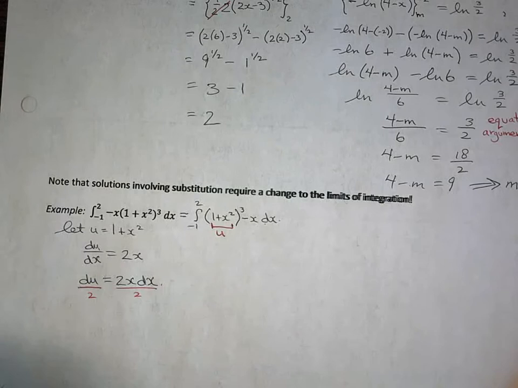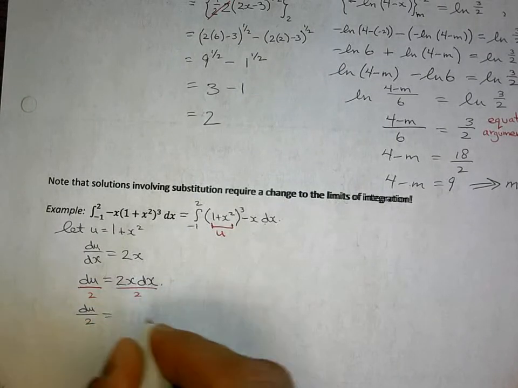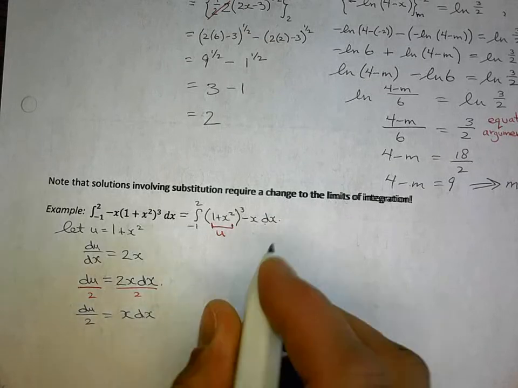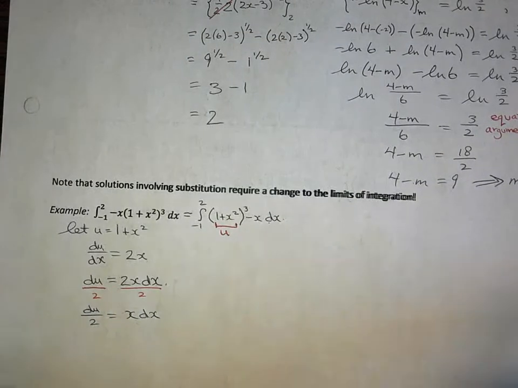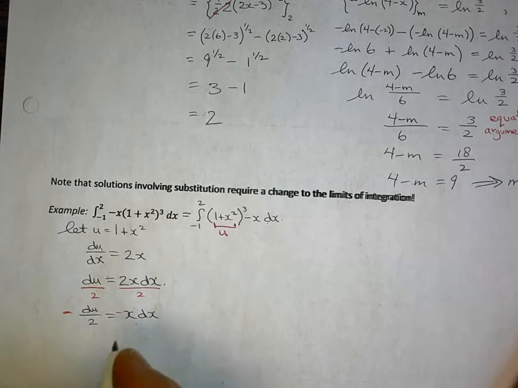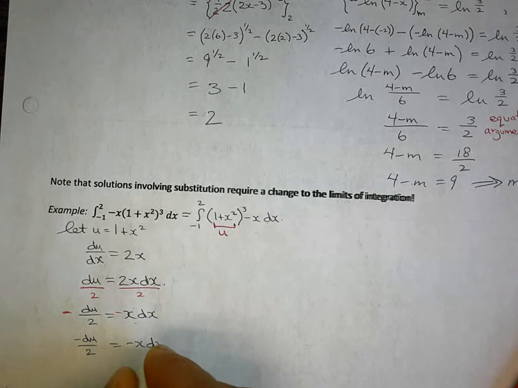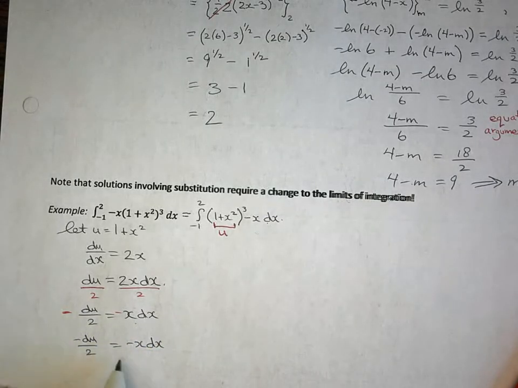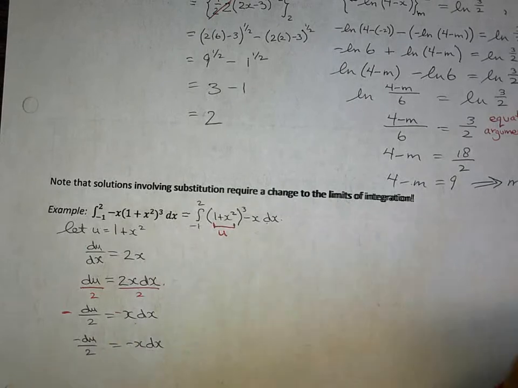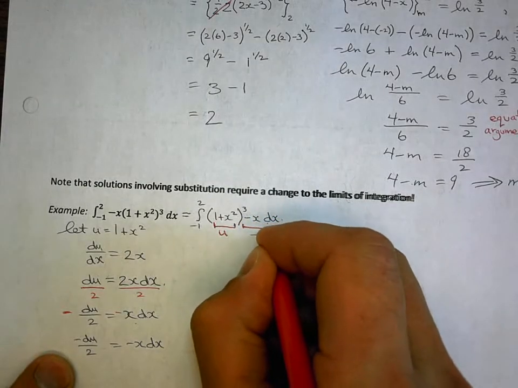That gives me du over 2 equals x dx. That's pretty close, except there's a negative, so I'm going to multiply both by negative. So now I end up with negative du over 2 equals negative x dx. Basically, I just did some manipulation so that I can do a direct replacement of negative x dx with negative du over 2.